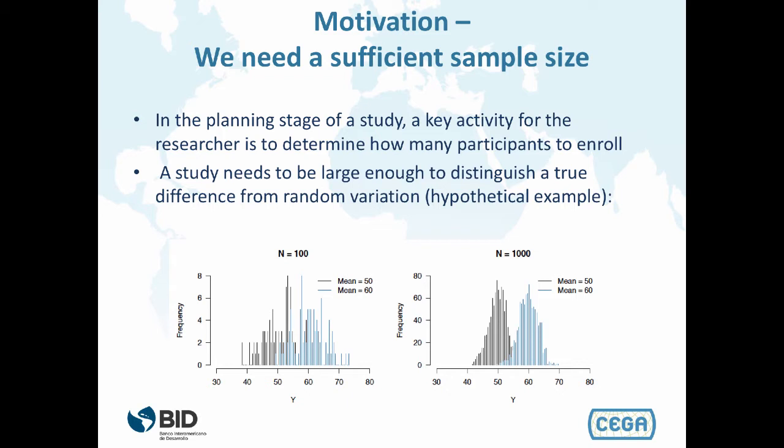In this case, it looks like the difference is real. Well, what's the big difference between the distribution on the left side and the distribution on the right side? Well, the distribution on the right side has 10 times the number of observations as on the left. In general, the more observations we get, the more the distribution collapses around the mean, and the easier it's going to be to distinguish differences in means.